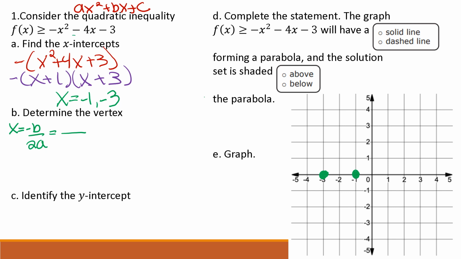So b in this case would be -4, so -b would be +4 because it's already negative. Then we divide by 2 times a. A is -1, so this is 4 over -2, so -2.